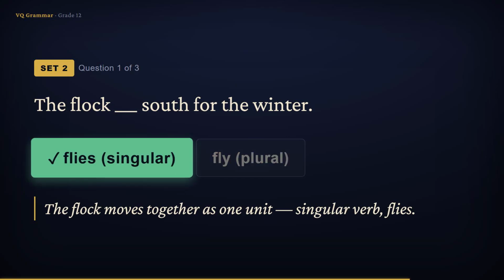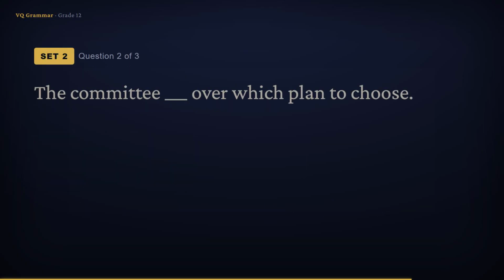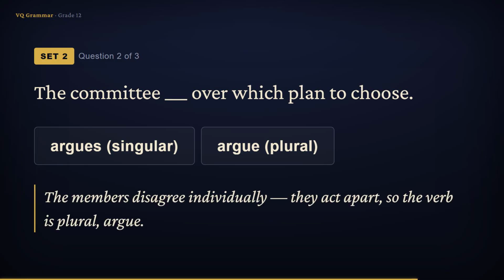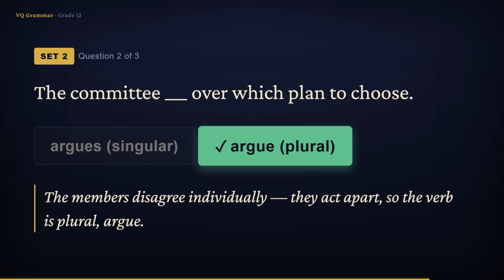The flock flies south. The committee blank over which plan to choose. To argue over choices, the members must be taking different sides, acting separately, not as one. When the members act apart, the verb goes plural. So the answer is argue.